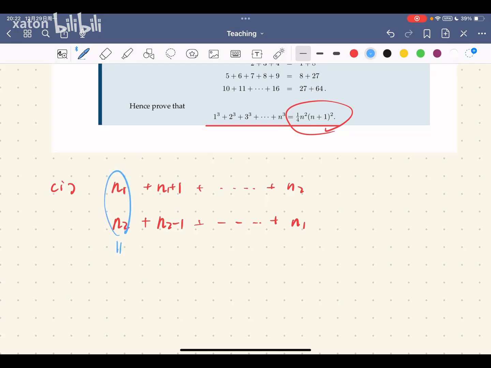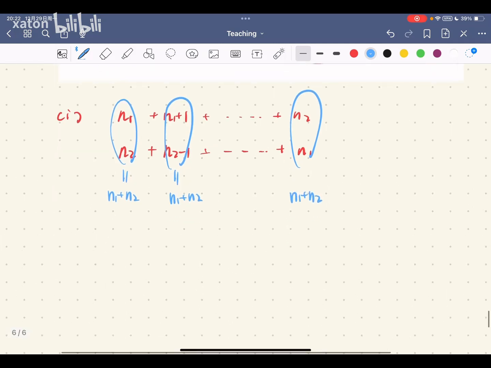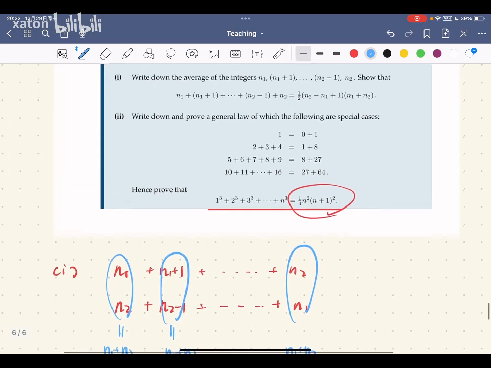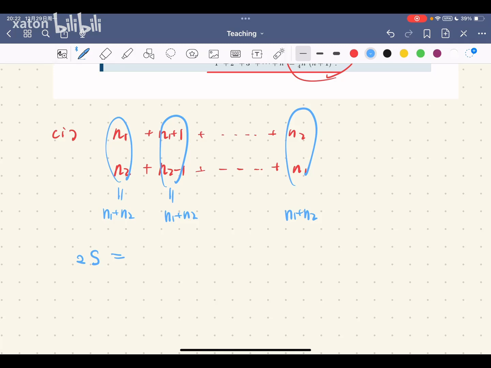They should each be equal to n1 plus n2. So we add them together. We have 2S, which is twice the sum we want, equal to, okay, there are n2 minus n1 plus 1 pairs, so it is plus 1 plus 1.